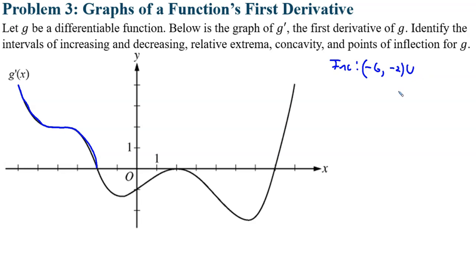Let's throw a union there to save some room. And where else this graph is positive, from 1, 2, 3, 4, 5, 6, 7 to 8. Oops, eights are upside down or sideways infinities. Let's see if I can do that better. There we go.